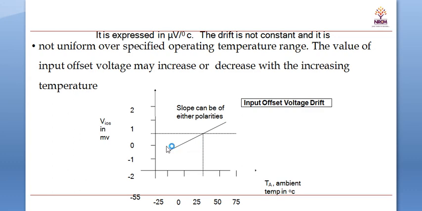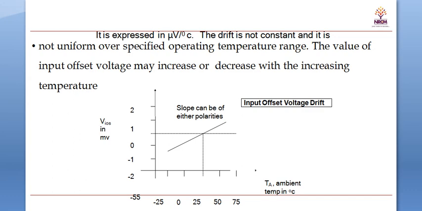It is expressed in microvolt per degree centigrade. The drift is not constant, and it is not uniform over the specified operating temperature range. The input offset voltage may increase or decrease with increasing temperature.